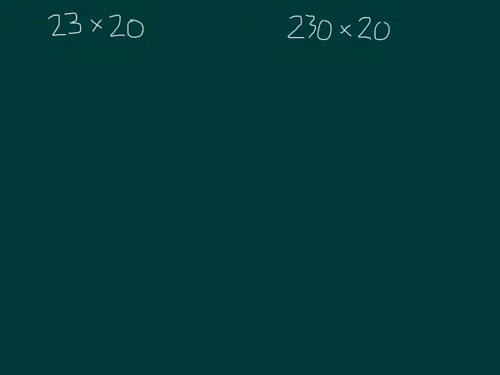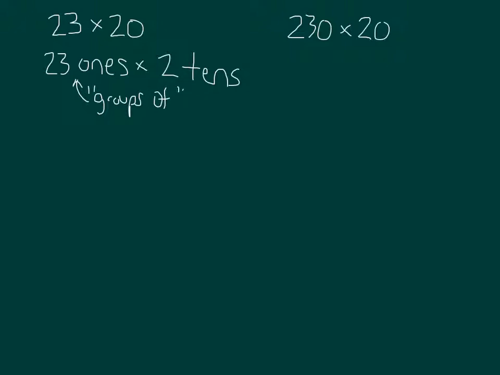I can rewrite this as 23 ones times 2 tens, and since I have 23 groups of ones, that's the same as multiplying.